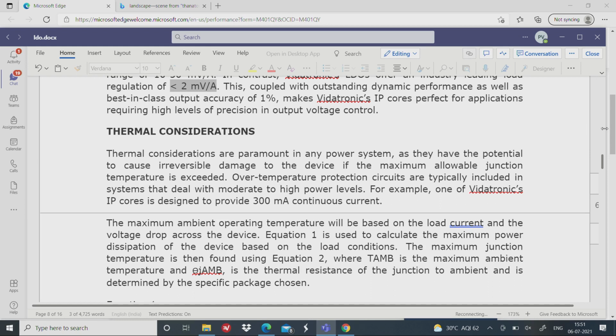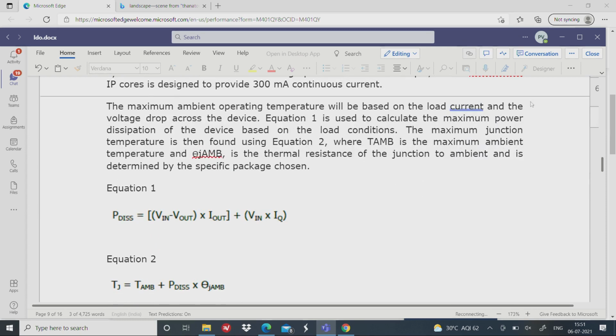For the current being drawn, it will heat up, and that is captured very well here by this power dissipation. V in minus V out is the voltage across the LDO, into the output current which is flowing through the LDO, plus its own current which it is consuming, which is the quiescent current, into the input voltage. This is the total power dissipation that you see on the chip.